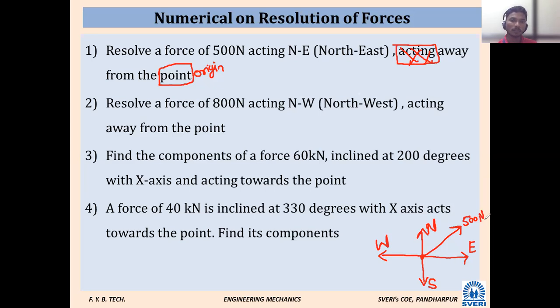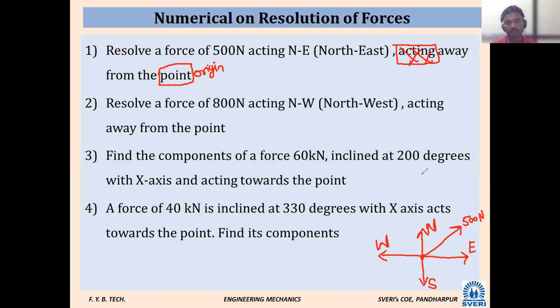If principal directions are given, like northeast, northwest, southwest or southeast, generally the first direction is either north or south, in terms of the vertical axis.